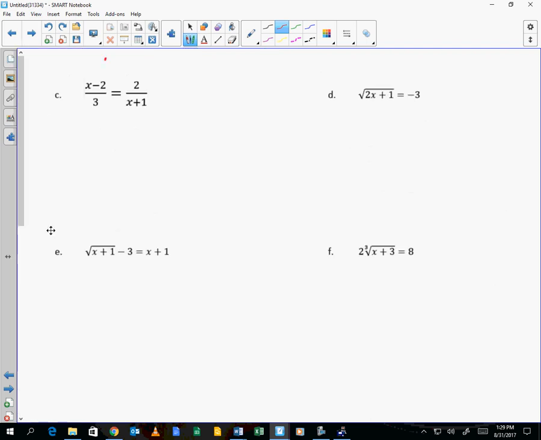Letter C, we have a fraction equal to a fraction. What can you do there? Yeah, we have x minus 2 times x plus 1 is equal to 6. Or x squared minus x minus 2 is equal to 6. Any thoughts on how you solve this?